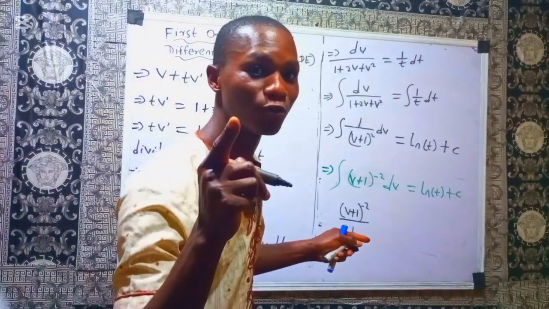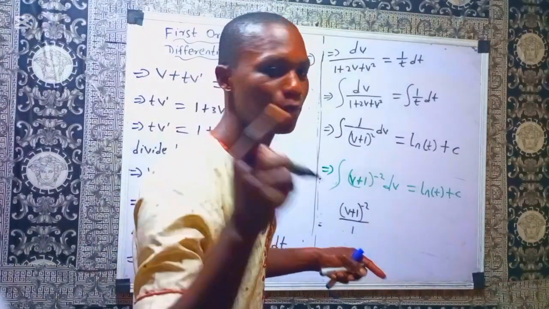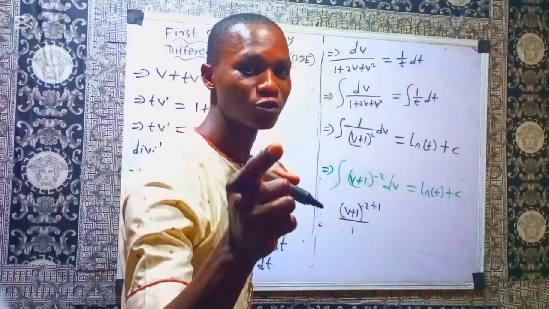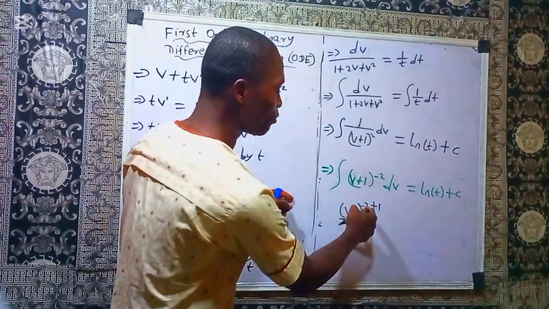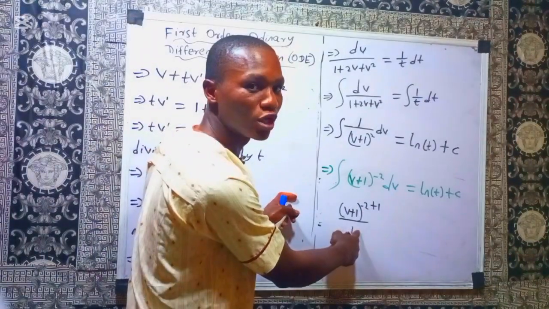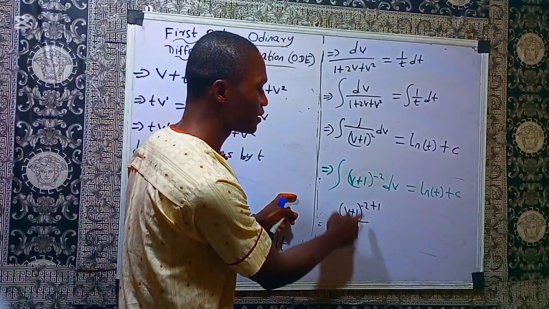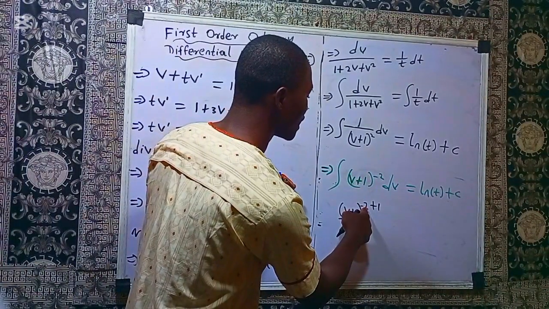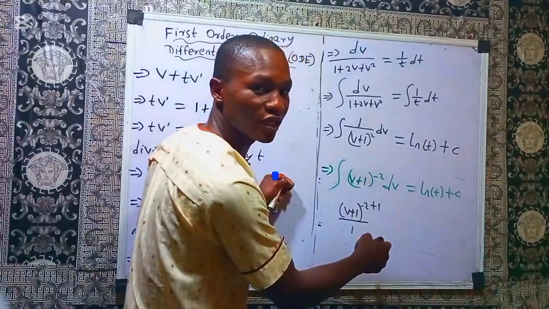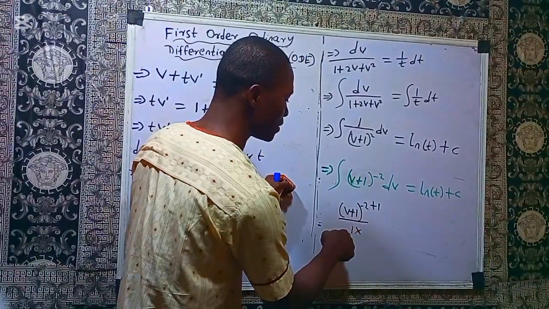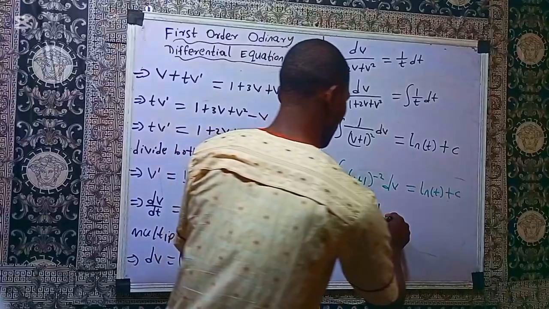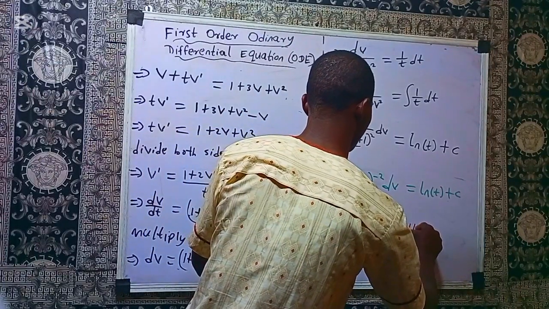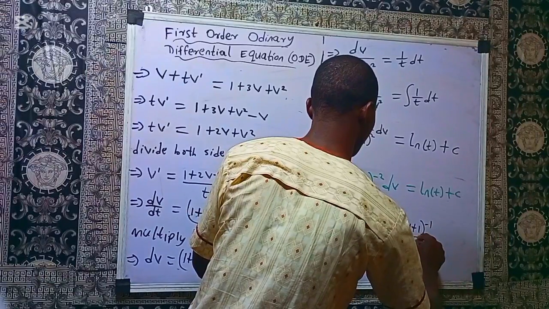But in integration, what do you do? You add 1 to the power, and you use the result to divide this quantity. So I'll bring down the power here, to the denominator. It will multiply the result I got in the derivative of the inside. So negative 2 plus 1 will give me negative 1. So this will give me (v plus 1) raised to power negative 1 divided by negative 1.